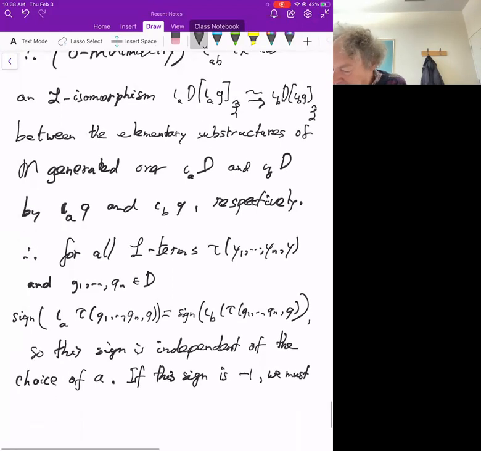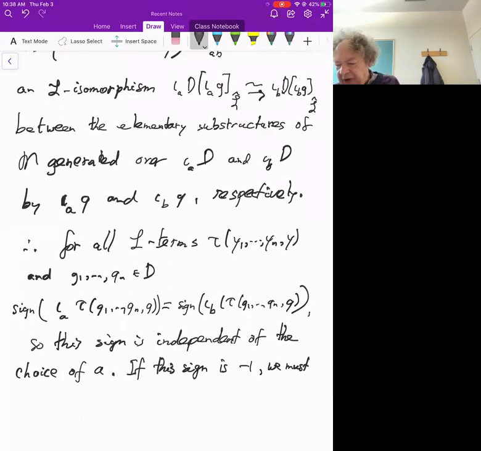But that can only happen if tau G1 up to Gn comma G evaluated at sufficiently large t is negative. You must have tau G1 to Gn comma G of t is less than 0 eventually.